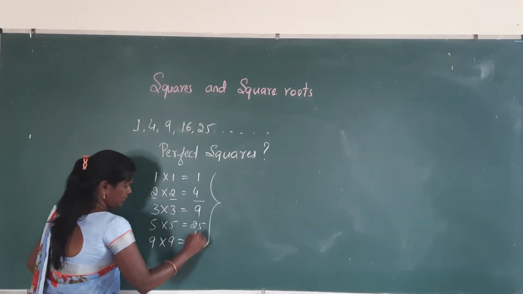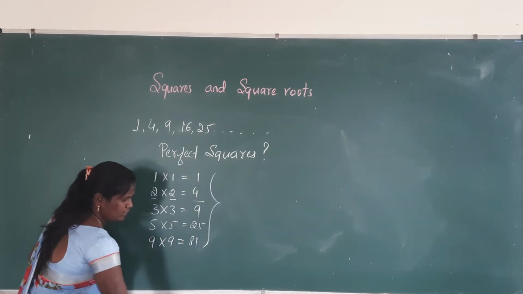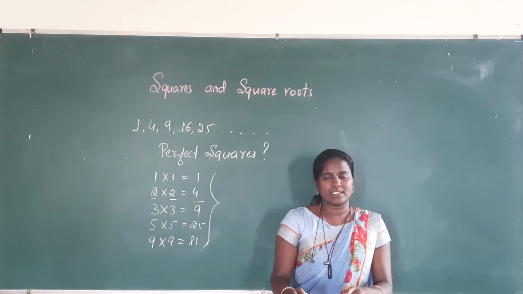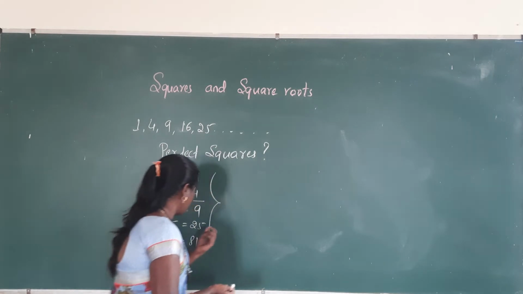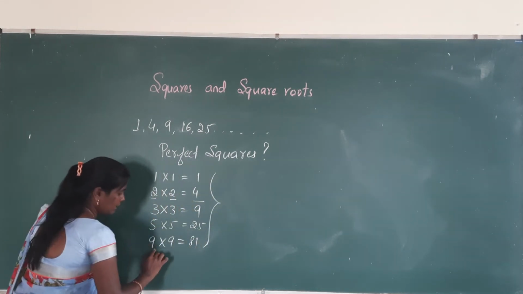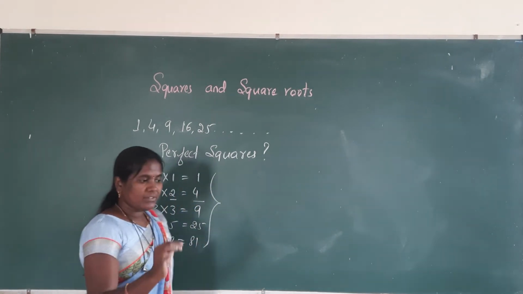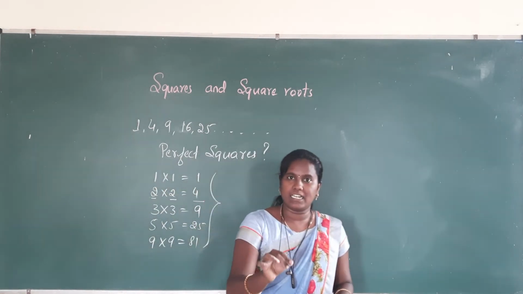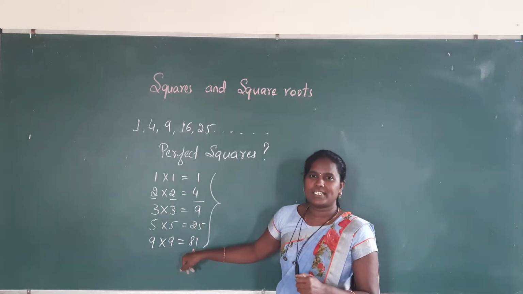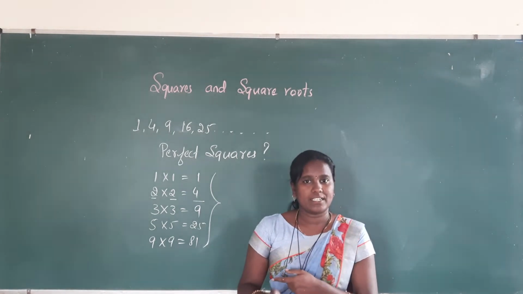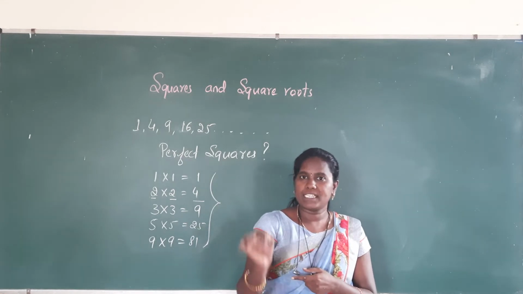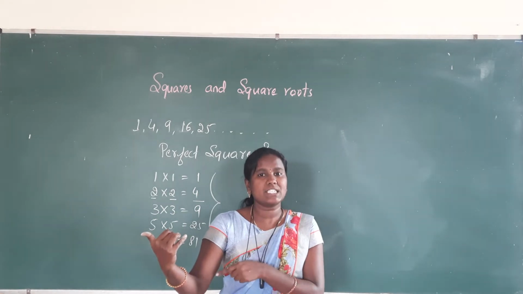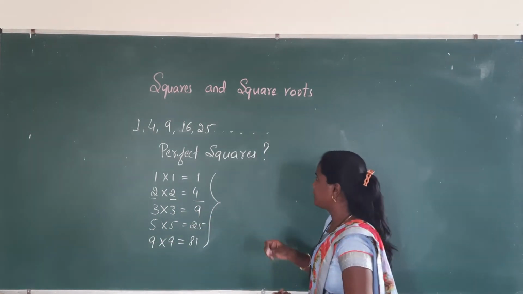All these numbers 1, 4, 9, 25, 81 and so on are called perfect squares. So squares are nothing but the product when we multiply a number with itself. When a number is multiplied by itself, the product obtained is called a perfect square. Let me write.